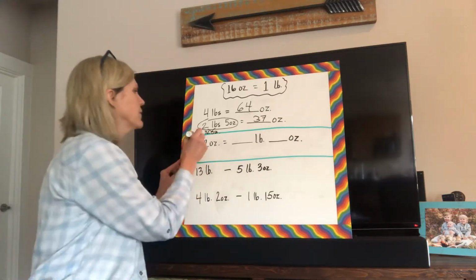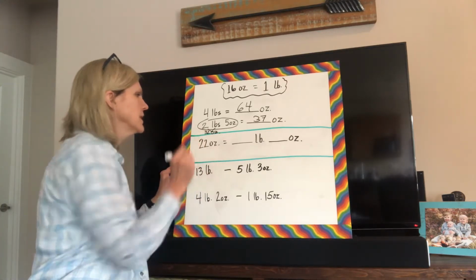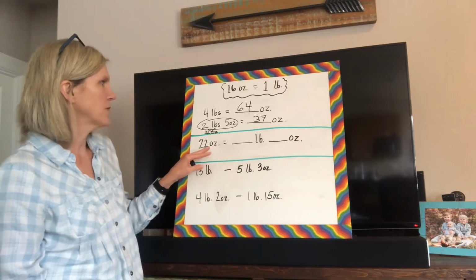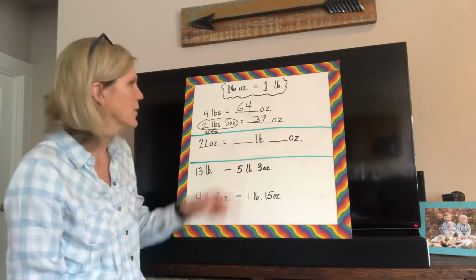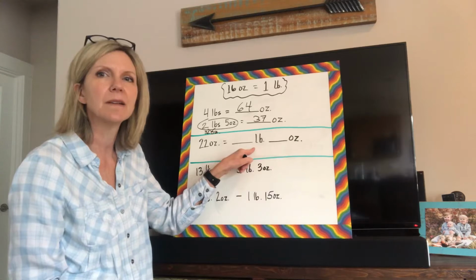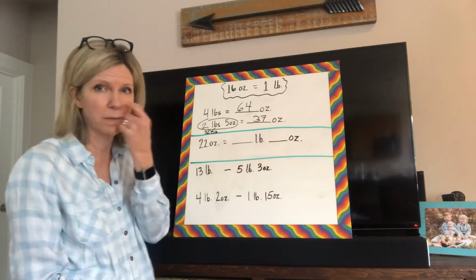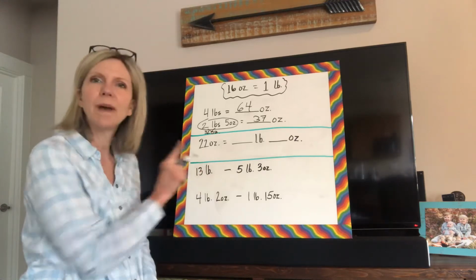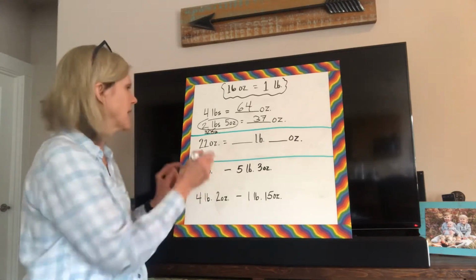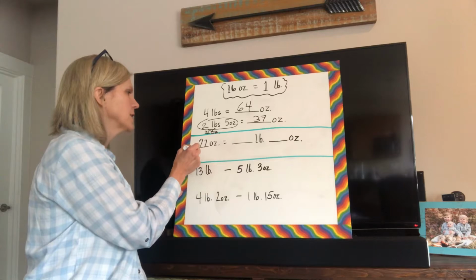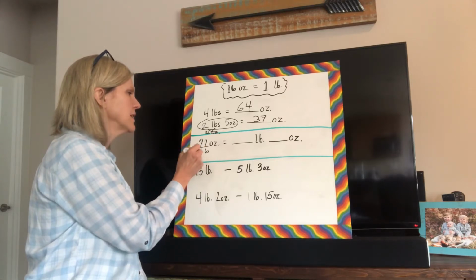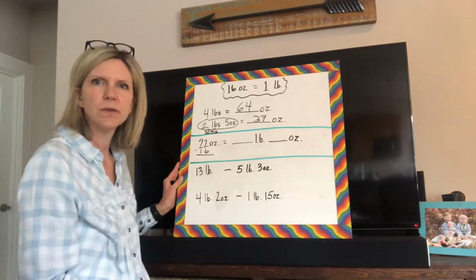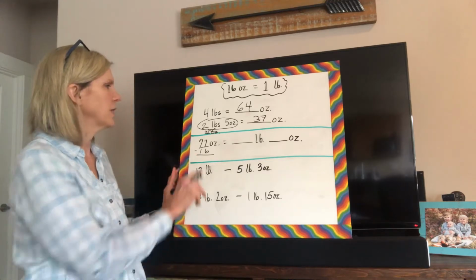Next, we're going to convert ounces to pounds. So let's say we have 22 ounces, and I want to know how many pounds is that, plus some ounces probably, right? Well, we know that 1 pound is 16 ounces, okay? So we are going to subtract 16 from that 22, and we'll know how many ounces we have left over.